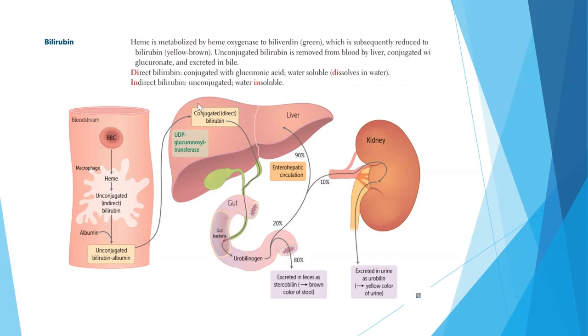Then it travels through the bile duct into the gut and converts into urobilinogen. Most of it will be reabsorbed and some will be excreted in the feces, where it is called stercobilin. If it is excreted in the urine, it is called urobilin.